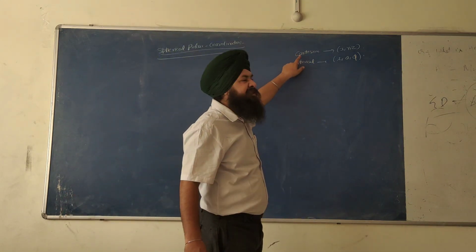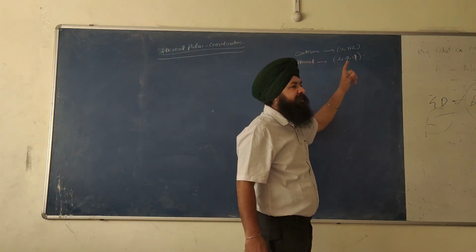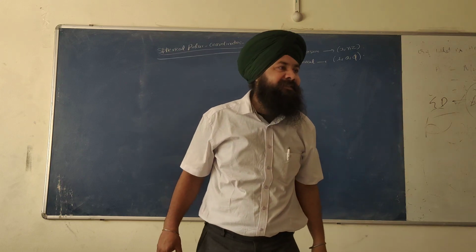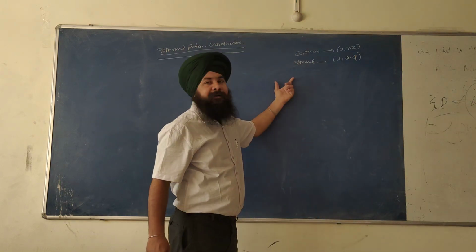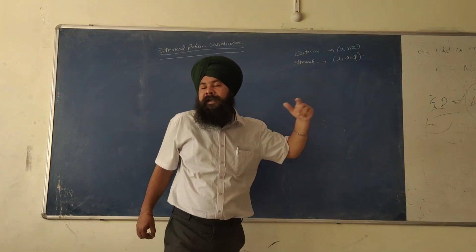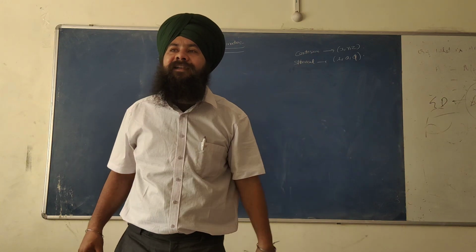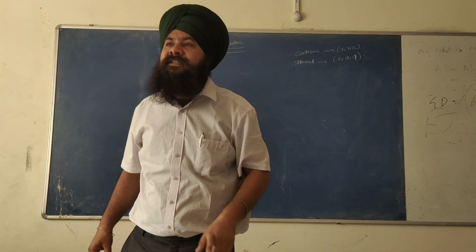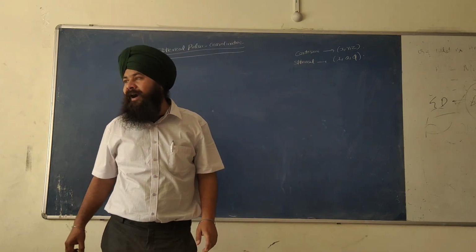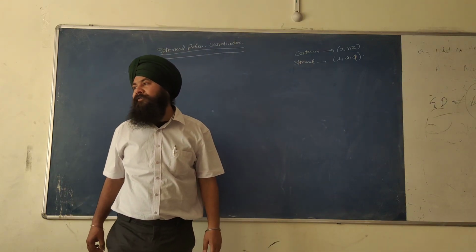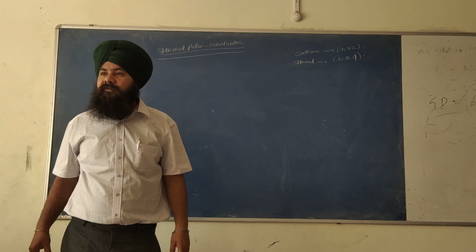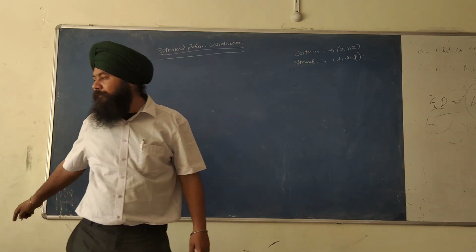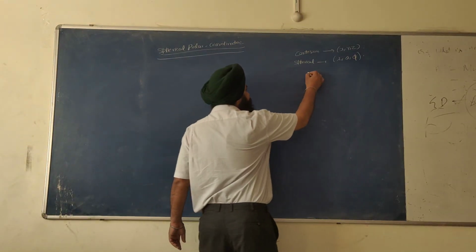To specify the position of a particle in a Cartesian coordinate system, we require three variables, that is x, y and z. And to define the position of a particle in the spherical coordinate system, we require three coordinates, and those coordinates are r, theta and phi. So please write, first of all, r is called radial distance.